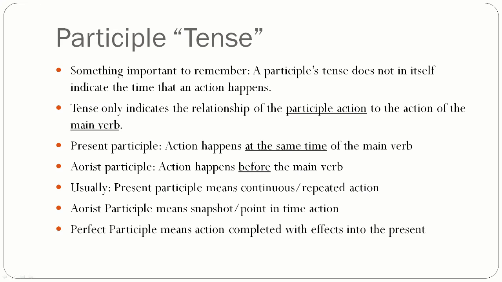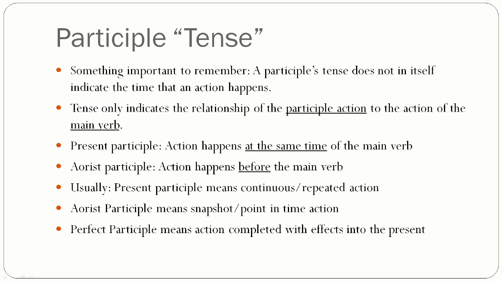Now, in contrast, the aorist participle, first of all, means that the action is happening before that of the main verb. But it also means that we are taking sort of that snapshot idea. It's just capturing a point in time rather than something that's happening continuously.